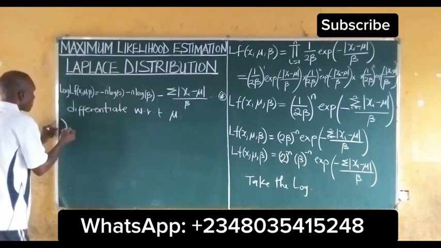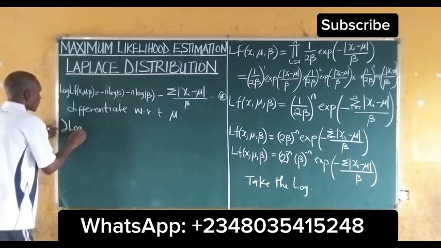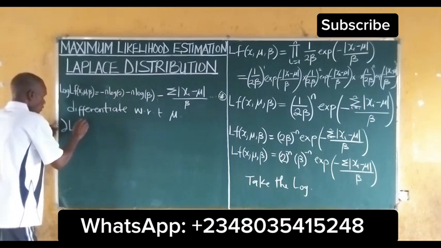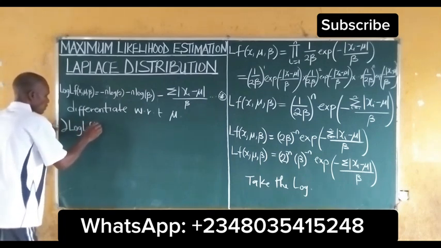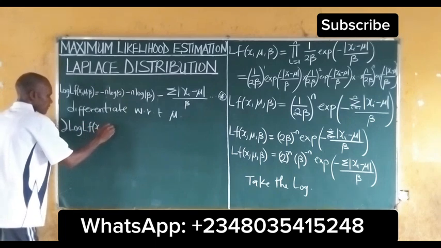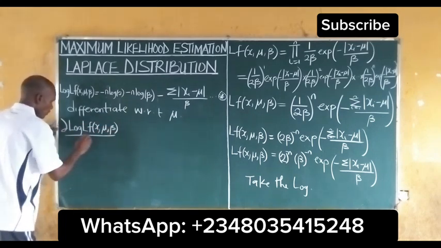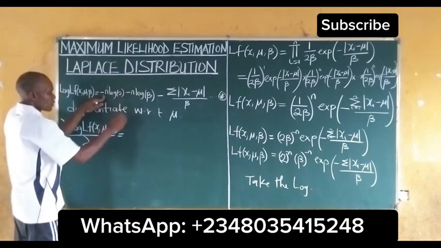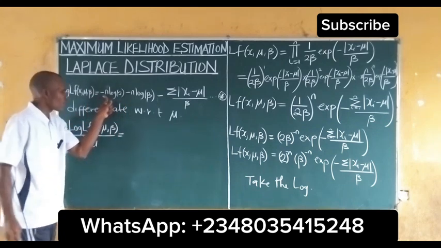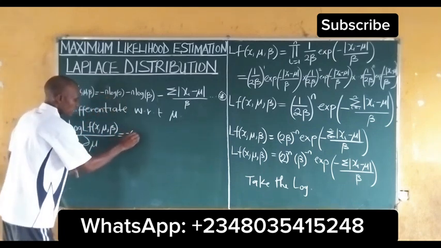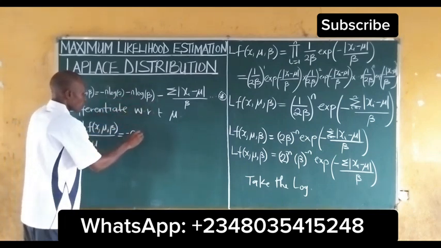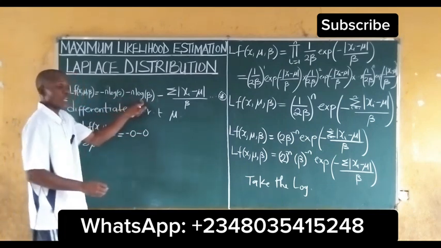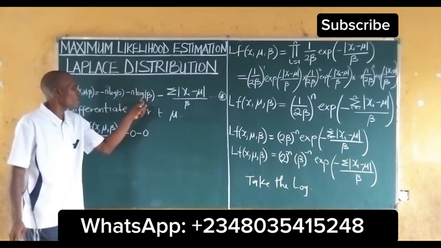So the partial derivative of the log of the likelihood function of the Laplace distribution is equal to, since there is no mu in the first two terms, 0 for each of them, because there is no parameter for mu.